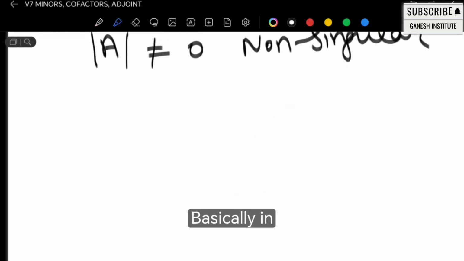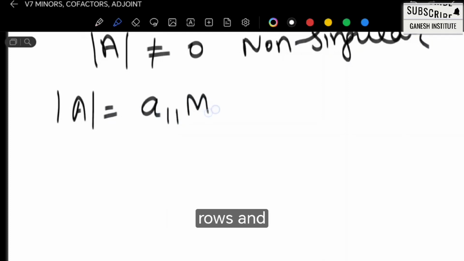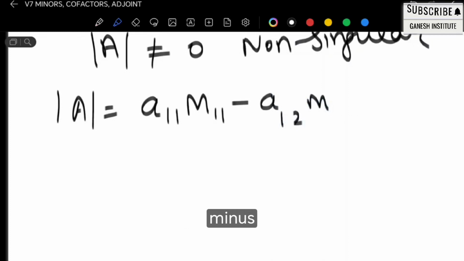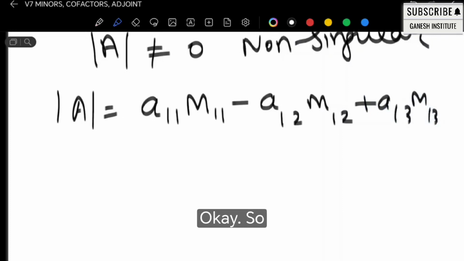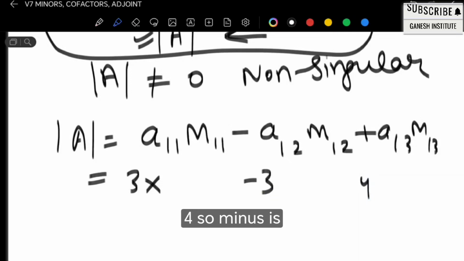Basically, for the determinant of A, we take the elements from any one row and multiply them with their cofactors. A11 is 3, A12 is -3 and A13 is 4.